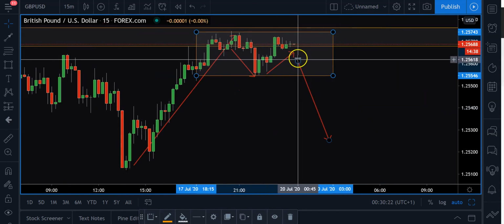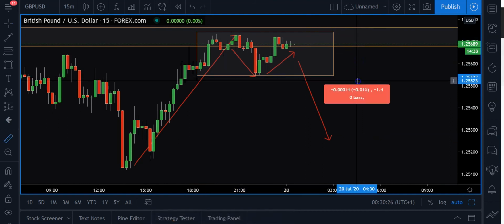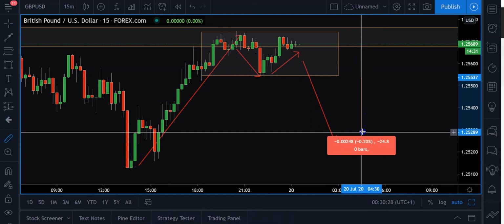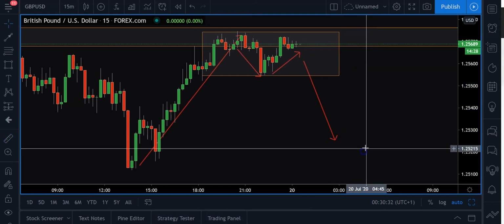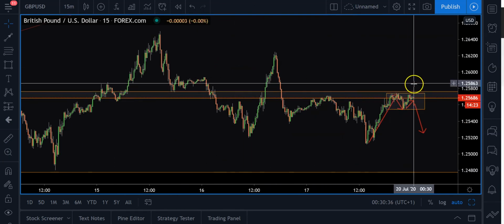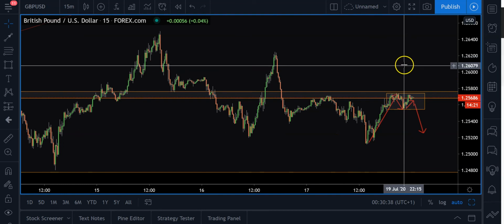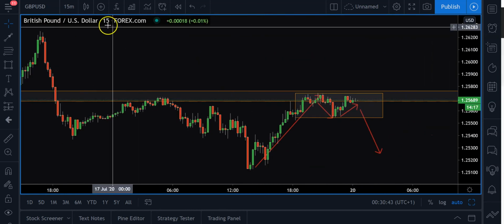So that's a decent number of pips, almost 40 pips, right? Or if it crosses up, we can look for around here. But that's just on a smaller time frame.